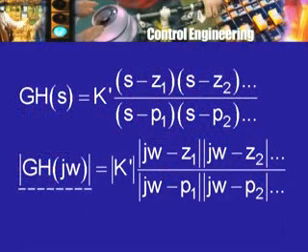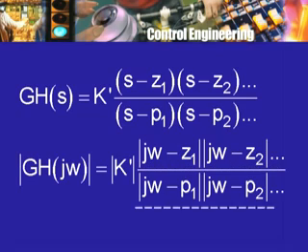Now, I want to find out the gain and phase shift. In other words, I want to find out the modulus of GH(j omega), and I want to find out the argument of GH(j omega). As before, the modulus of this is modulus of k prime. If k prime is positive, it is just k prime. In the numerator, modulus of (j omega minus Z1), modulus of (j omega minus Z2) and so on.